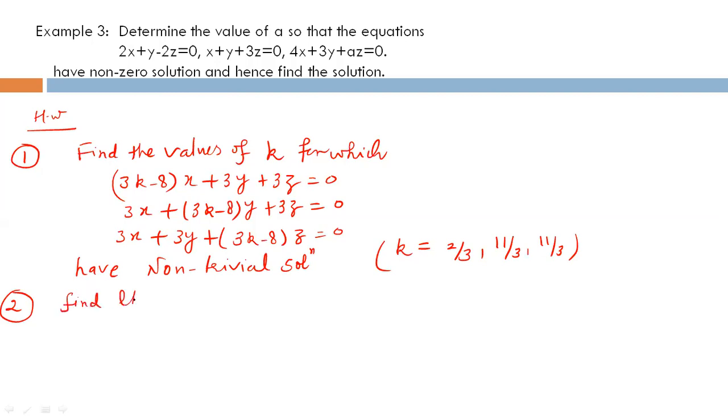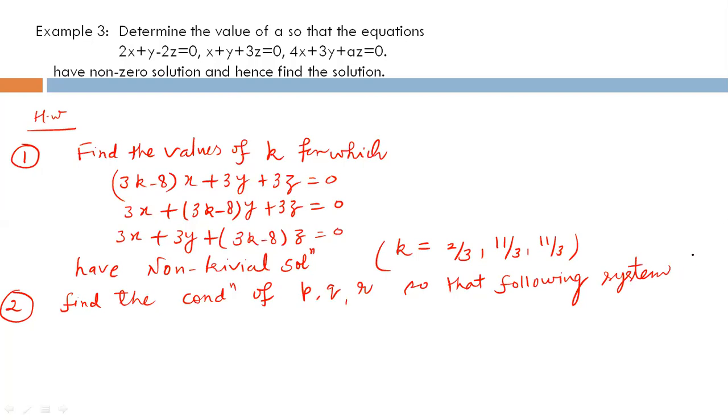Find the condition of P, Q, R so that the following system has a non-trivial solution.